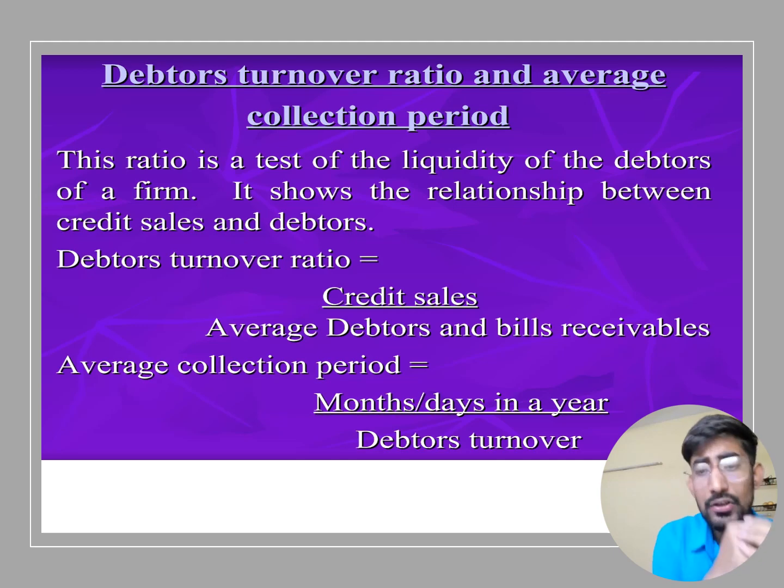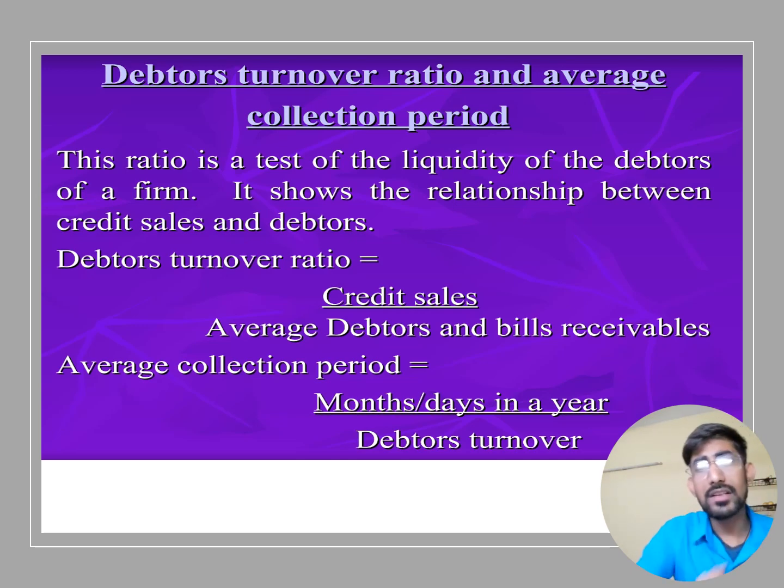So this is the procedure. But suppose some of your debtors are not paying, then it becomes your bad debt. So this debtor turnover ratio depends upon our credit sales, not upon our total sales or cash sales, because the debtor is generated from our credit sales.